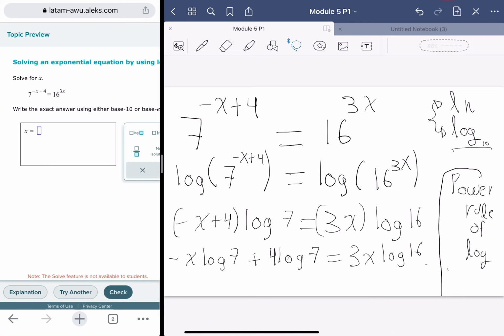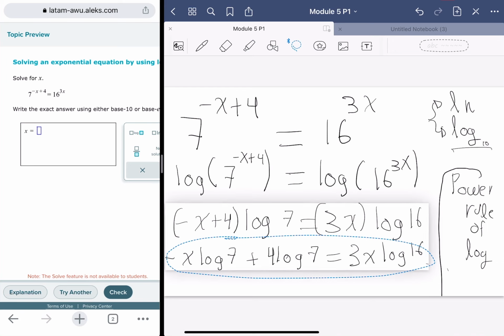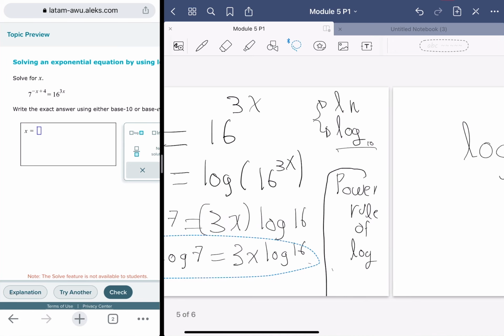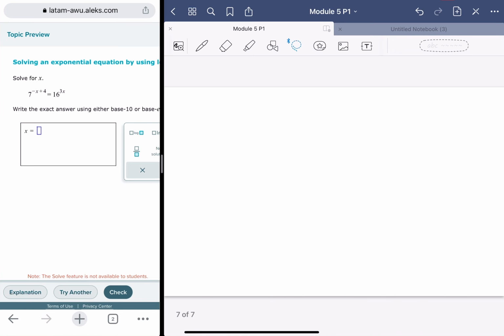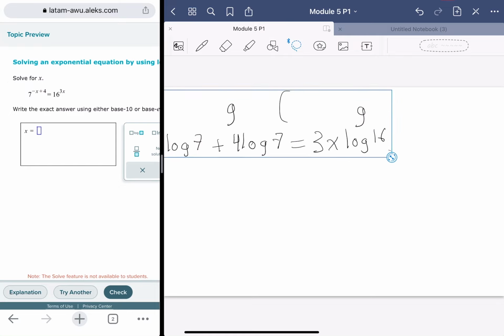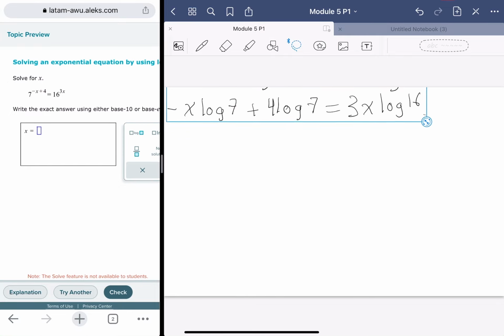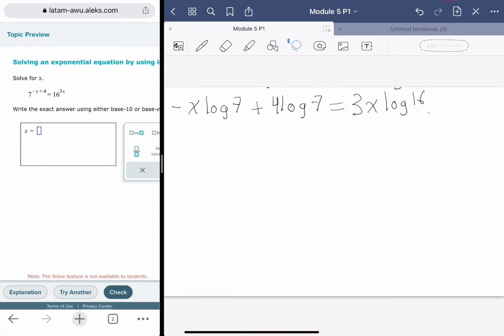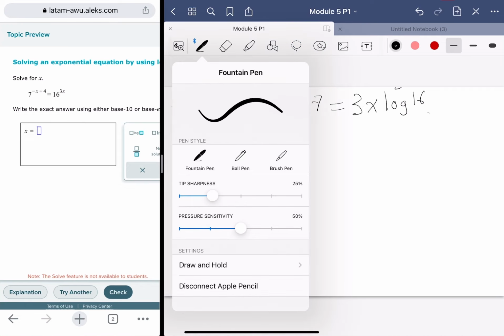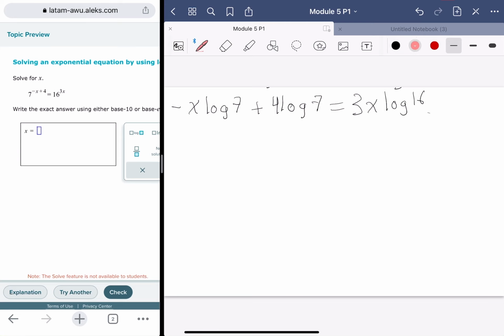In this case, what can I do then? I see that I have x written here and here.